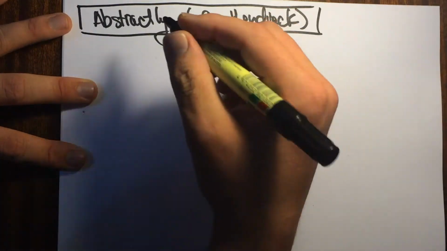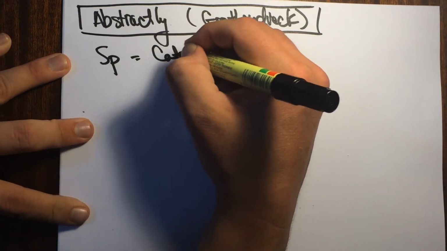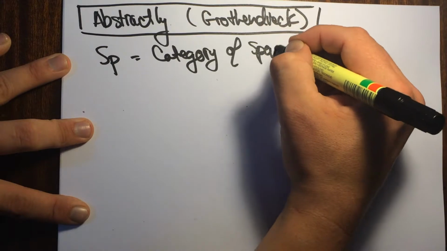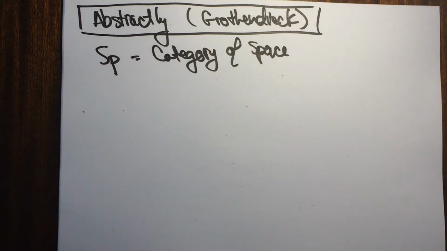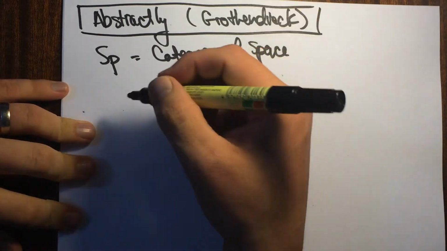Now we're going to take SP, a category of spaces. We need notions like closed and things like this. We can think of the category of schemes here again.